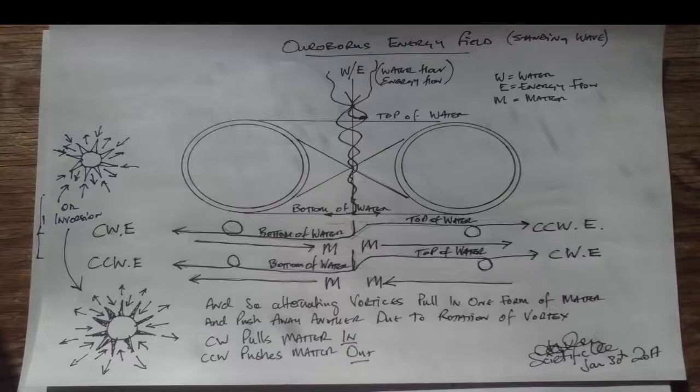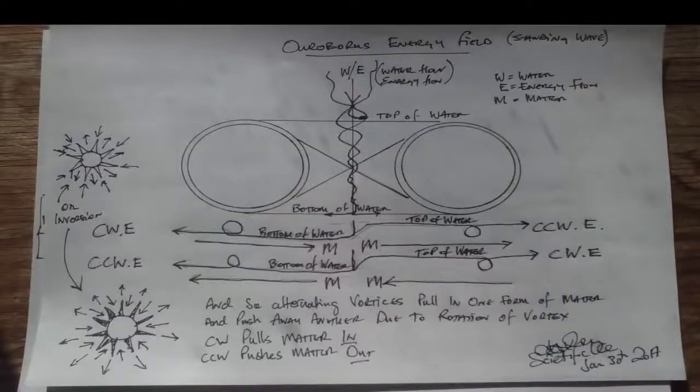So it's pushing and pulling at both the top and the bottom, which is why you get them two star pictures on the right hand side, which is the matter in or the matter out, or the inflection of it, which is again this picture where I poured water into sand to see what pattern on the edges it would give me, and so there is an in and an out vortex because it shows it. And so alternating vortices pull in one form of matter and push away another due to rotation of vortex. Clockwise pulls matter in, counterclockwise pushes matter out.